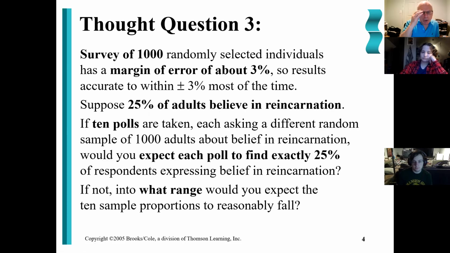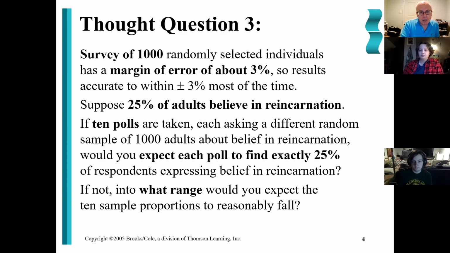Now, back in an earlier chapter, you might have even forgotten about this totally, we talked about this concept of margin of error. Again, this is for those of you who might have been following the election and the various polls. The polls would always report a proportion of people who support one candidate over another, and then they would say there's a margin of error, 5%, 10, whatever the number was.